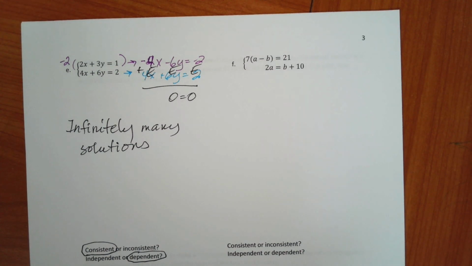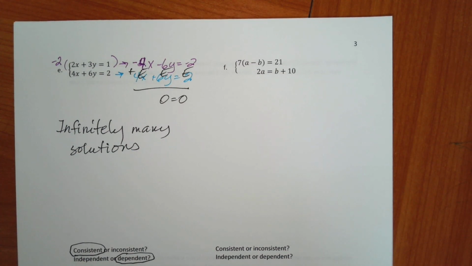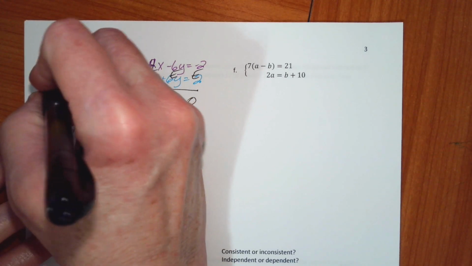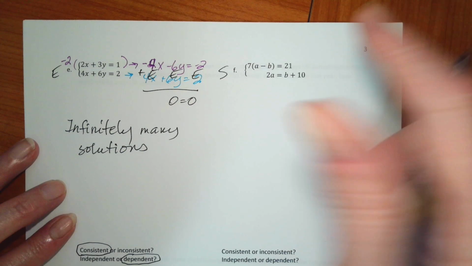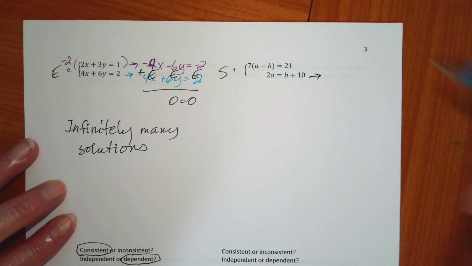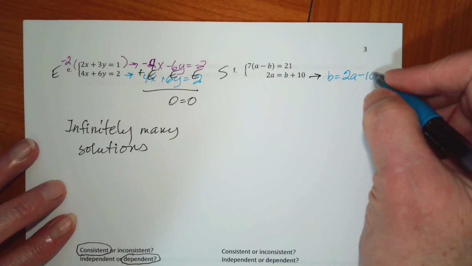Okay, so let's see what we're going to do on this one. All right, I have 7 times a minus b equals 21, and I have 2a is equal to b plus 10. Again, the last one was by elimination, and I think I'll do this one by substitution because I can easily turn this into b equals 2a minus 10.